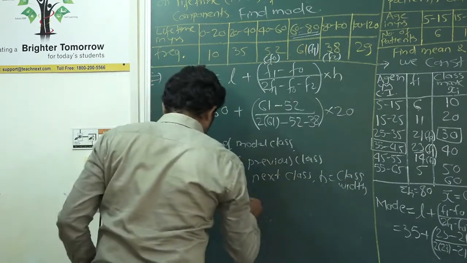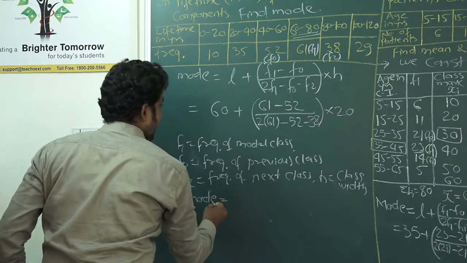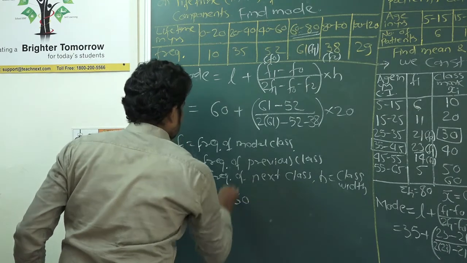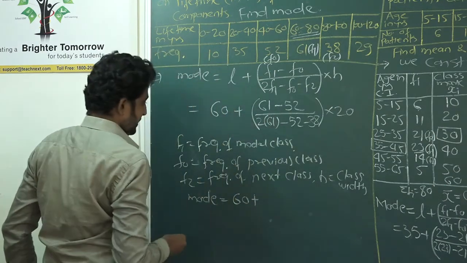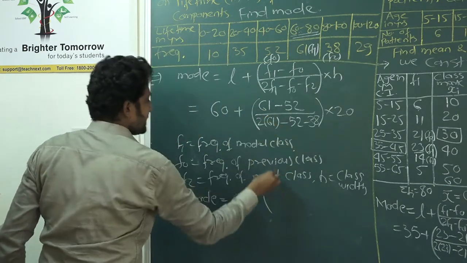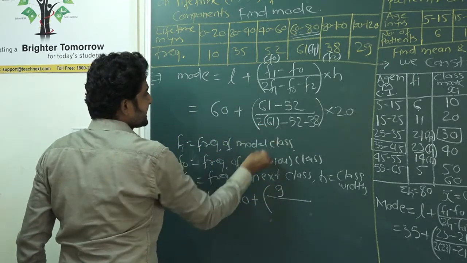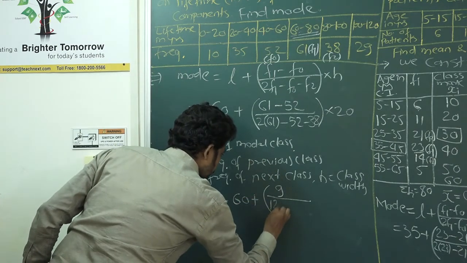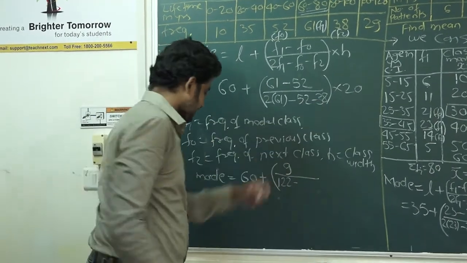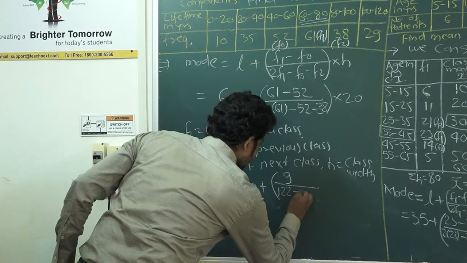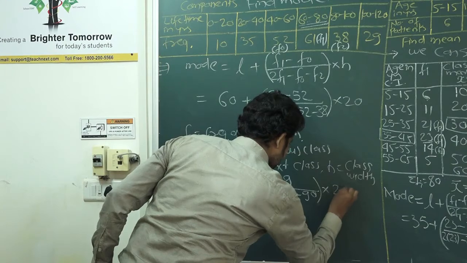Now mode is 60 plus, now 61 minus 52, that becomes 9, correct? Upon 2 into 61, that becomes 122, minus 52 minus 38, that becomes 90, into the height, which is 20.